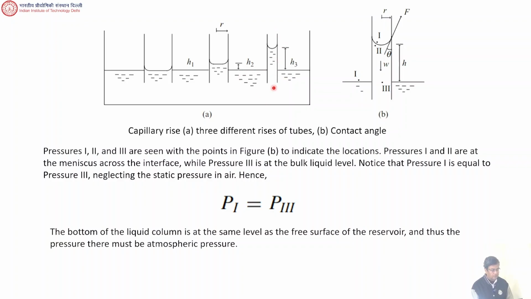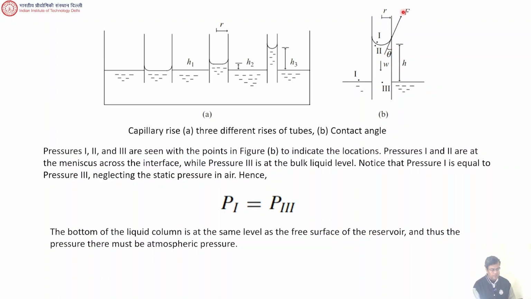So this is the narrowest tube, and the height of the capillary rise is more in this case. Okay. Now, if you want to analyze this, then we will mark this one. So this is marked 1, this is marked 3, this is 2, this is again 1. Okay. And this height is h.